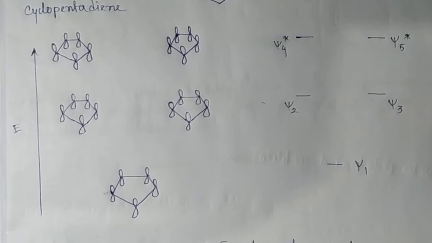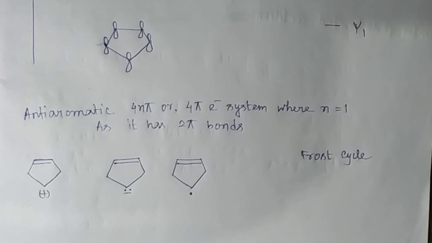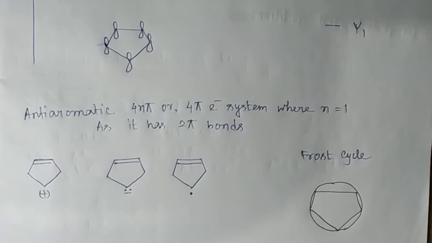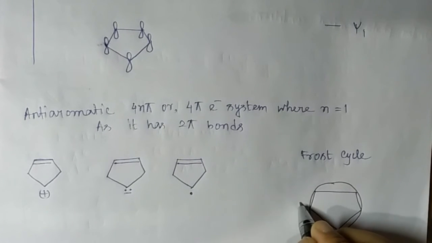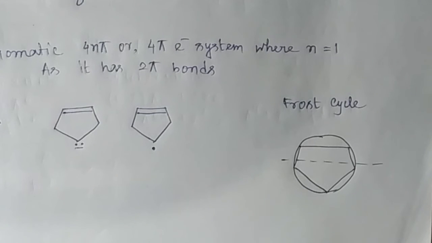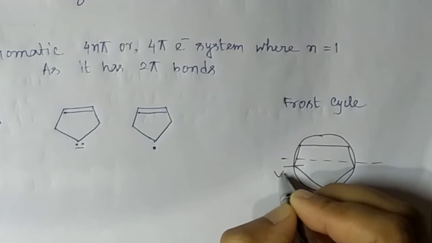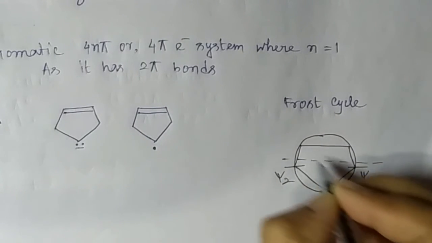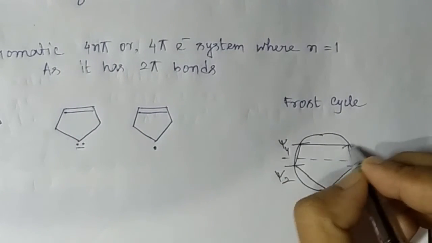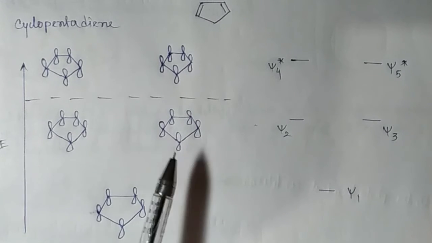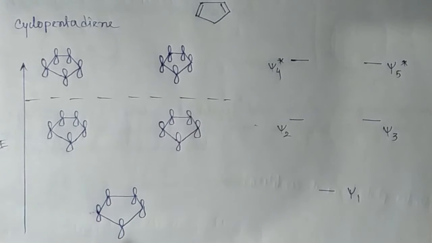Next, come to your cyclopentadienyl system. So again, if we draw the Frost circle, here this horizontal dashed line will pass through here. Similarly, we get psi 1, psi 2, psi 3, psi 4 and psi 5. For psi 1 there is no node, for psi 2 and psi 3 there is one nodal plane, and for psi 4 and psi 5 there are 2 nodal planes.